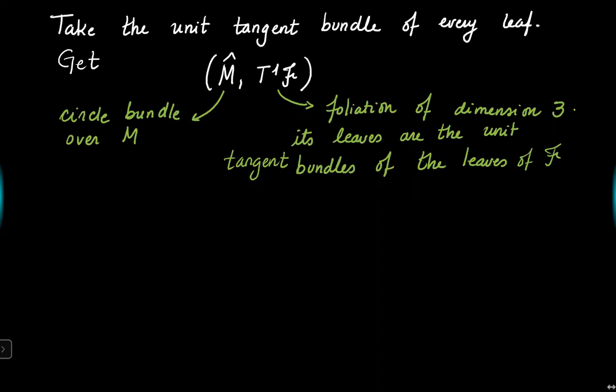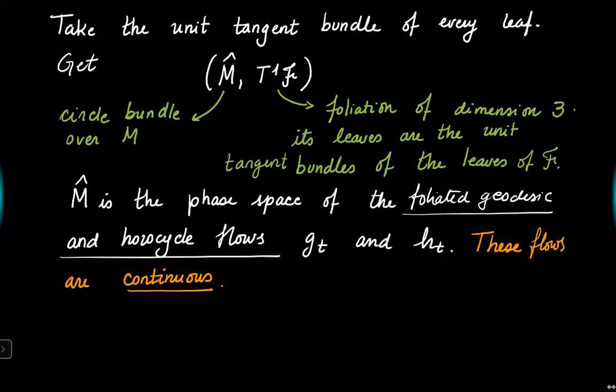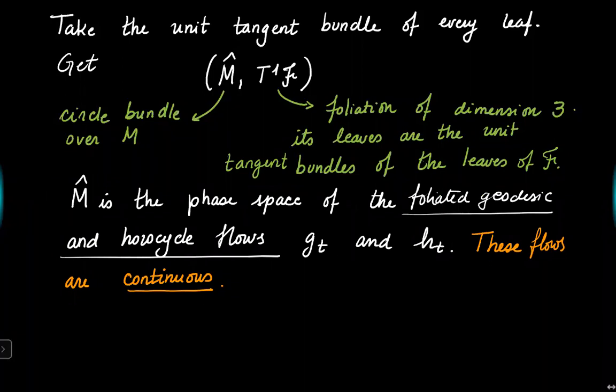This gives a manifold M hat that has one additional dimension, a circle bundle over M, and that carries a foliation of dimension 3, the leaves of which are the unit tangent bundles of the leaves of F. This manifold M hat is the phase space of what we call the foliated geodesic and horocycle flows, which we will also call GT and HT.